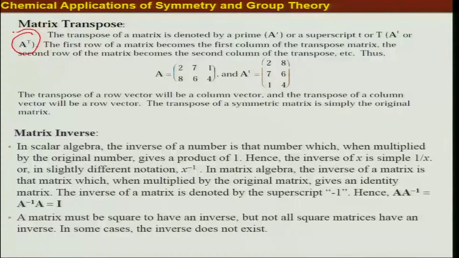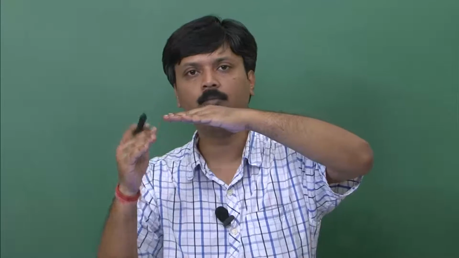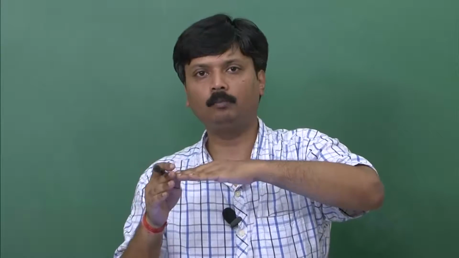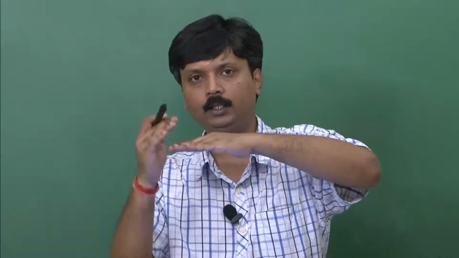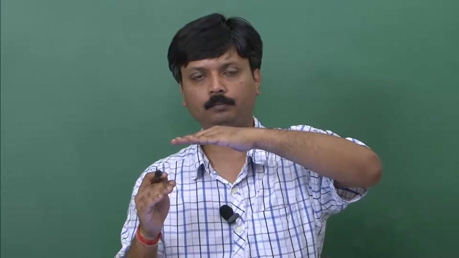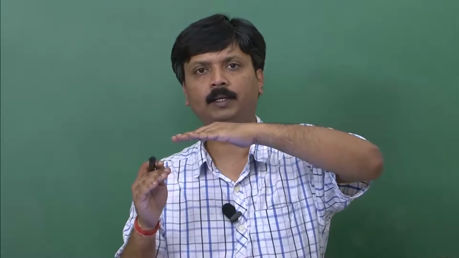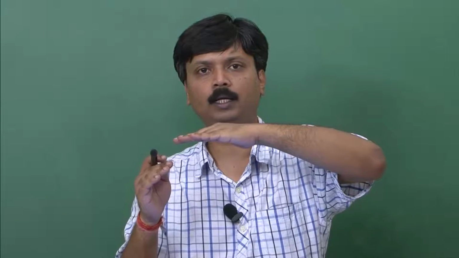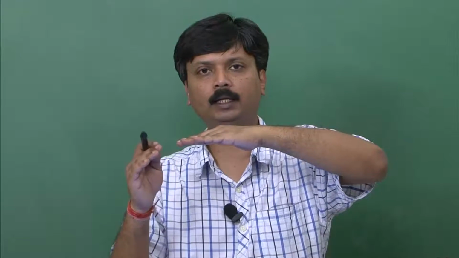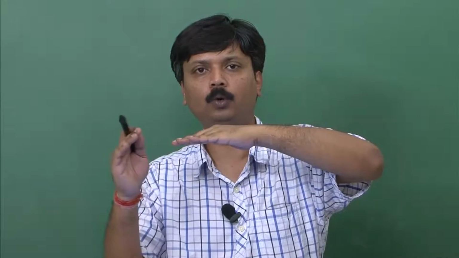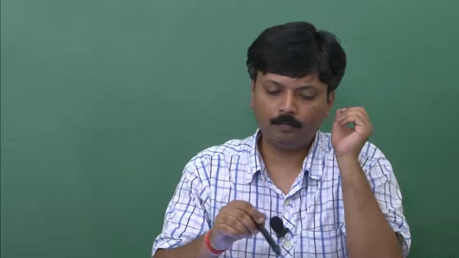Now, what is the transpose? The first row of the matrix becomes the first column of the transpose matrix. So, say I had a matrix having 3 rows and 2 columns. When I transpose it, it will become a matrix having 2 rows and 3 columns.